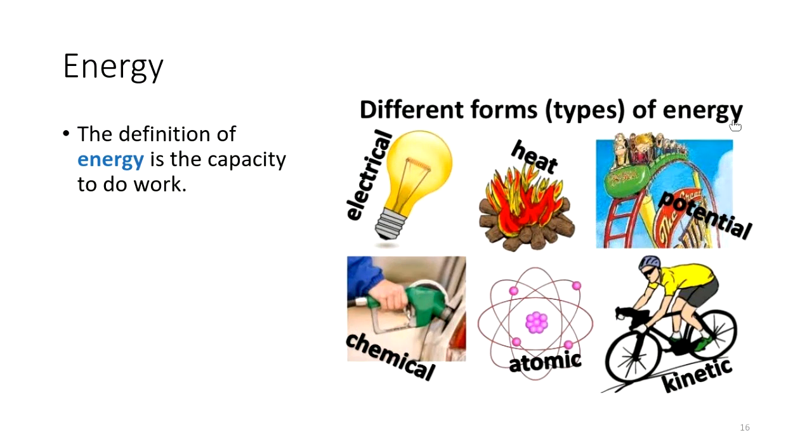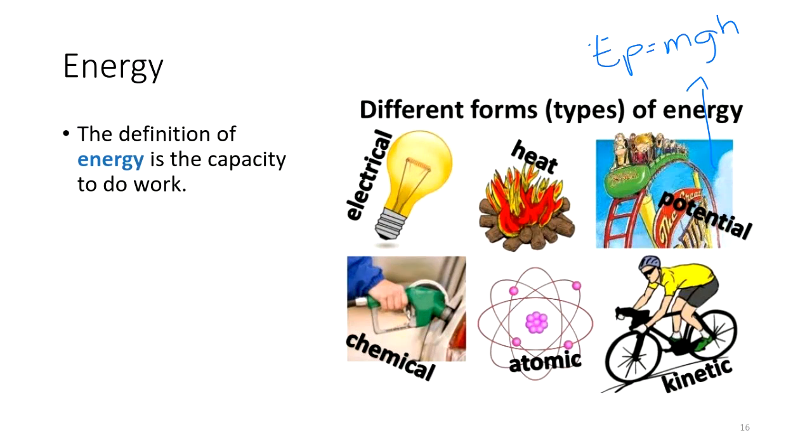From your high school classes, potential energy is the mass of an object times the gravity, meaning the weight, times the height. So it depends on how high my object is located, and this is energy that is stored.